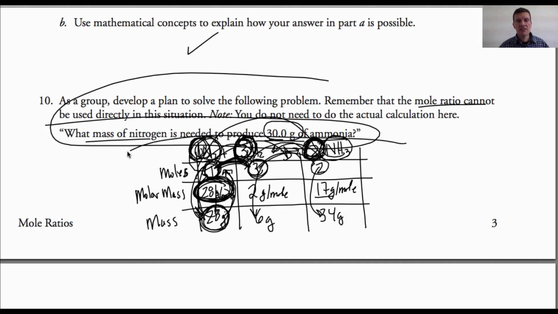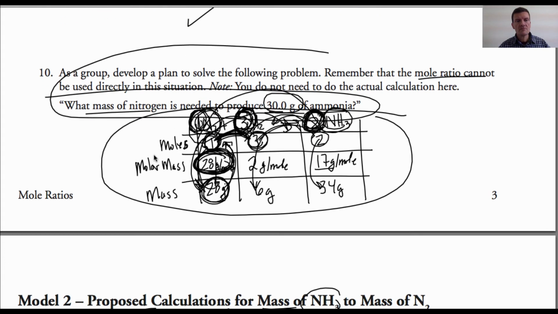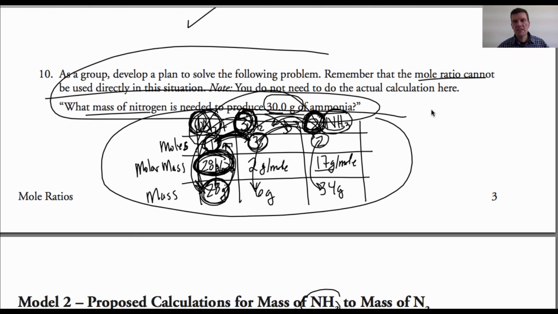I already set up a method of my own, but let's see what happens down here in the students' methods. By the way, this is the way I would attack it.